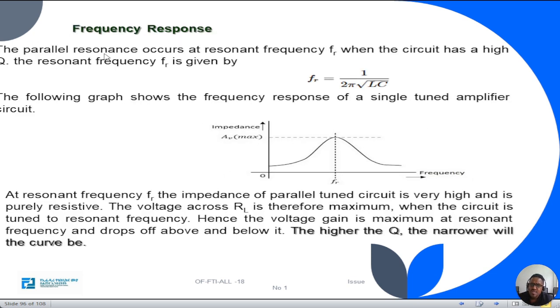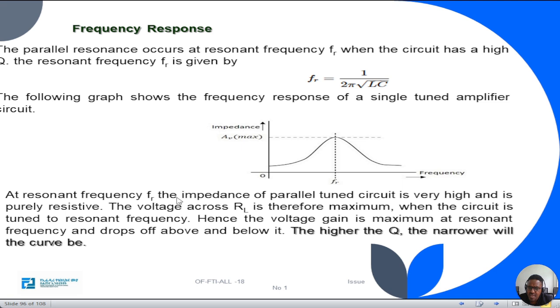So, parallel resonance occurs at the resonant frequency when the circuit has high quality. The resonant frequency FR becomes 1 over 2 pi root of LC, that is, the resonant frequency when XL is balanced with XC. The following graph shows the frequency response of a single tuned amplifier circuit. The highest signal we get in the impedance, we can call it the resonant frequency.